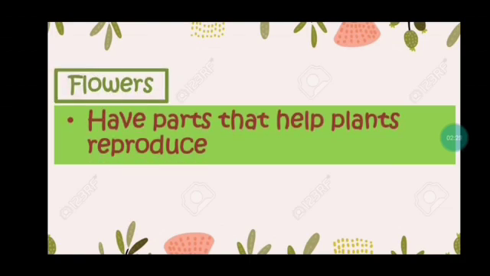And then still about the flowers. The flowers have parts that help the plant to reproduce. Do you still remember what reproduce is? In bahasa we say berkembang biak. I think you still remember about reproduce. This is one of the living thing characteristics. We have studied the characteristics of living things. They move by themselves, grow, respond to stimuli, die, and also reproduce.